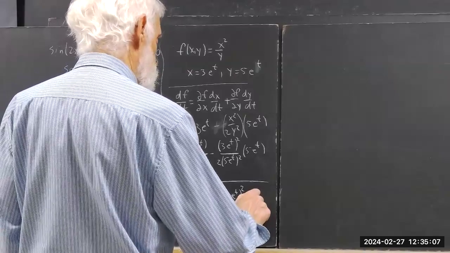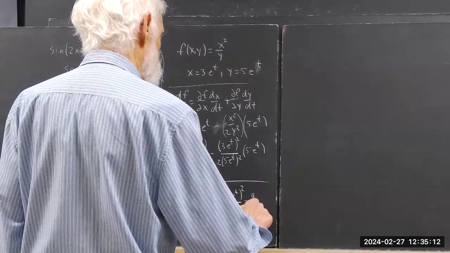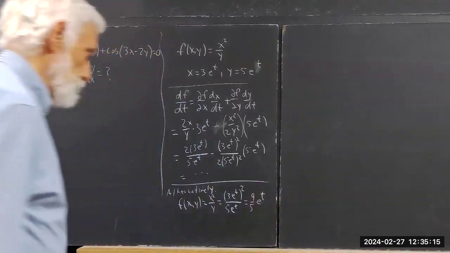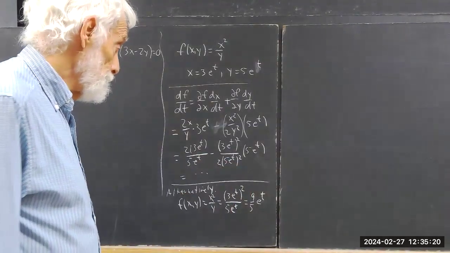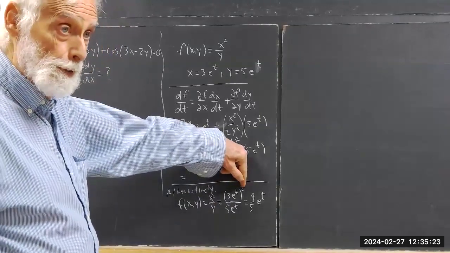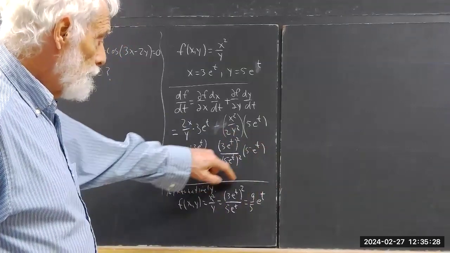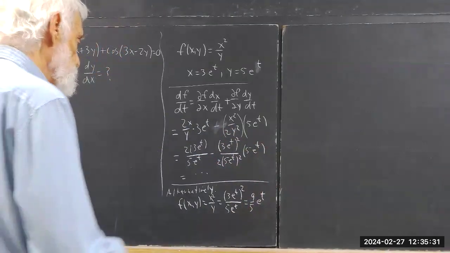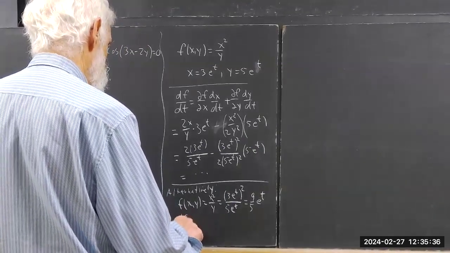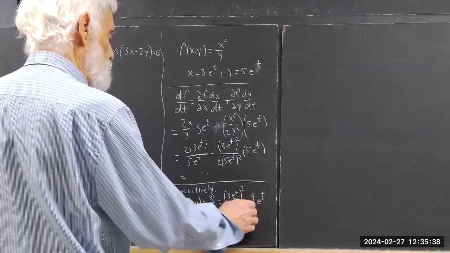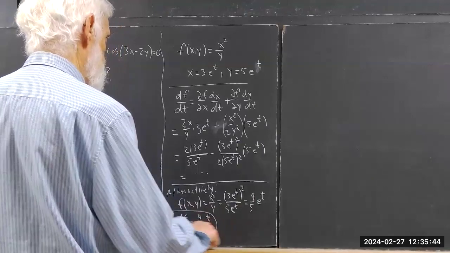Which is, well, you're going to get 9/5 e to the t. Then you can simplify the algebra. You're going to get an e to the 2t when you square e to the t. You're going to divide that by e to the t, which is going to leave you with e to the t. You're going to get a 9, which is going to 3, get 5 there. And df dt is then 9/5 e to the t.